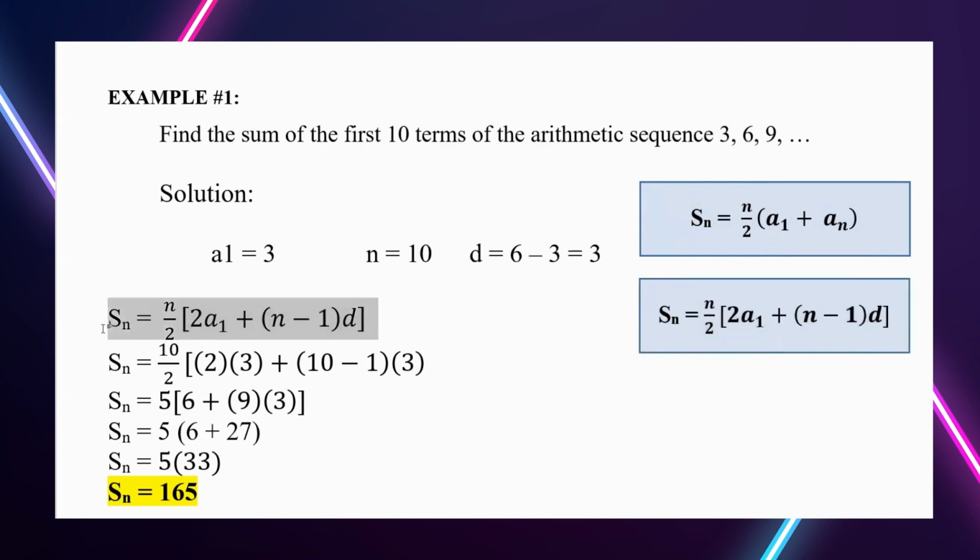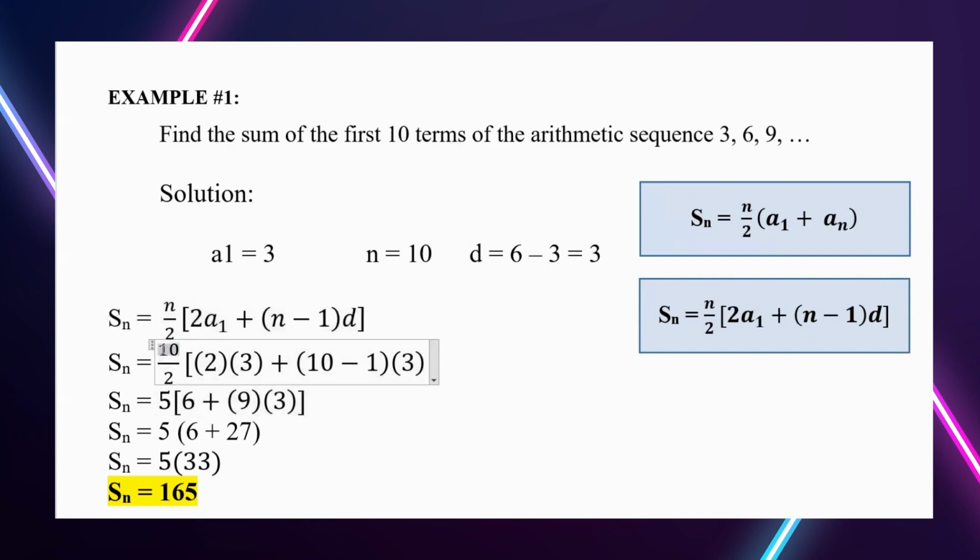Using the formula, S sub n is equal to n over 2 times the product of 2 and the first term plus the quantity of n minus 1 times the common difference. Let us substitute the values of a sub 1, n, and the common difference.